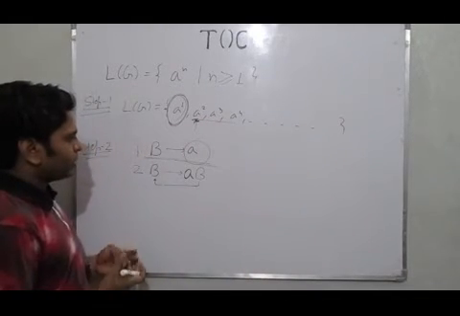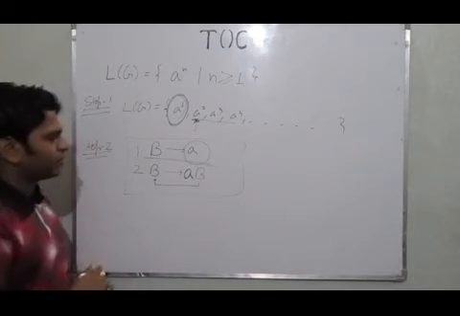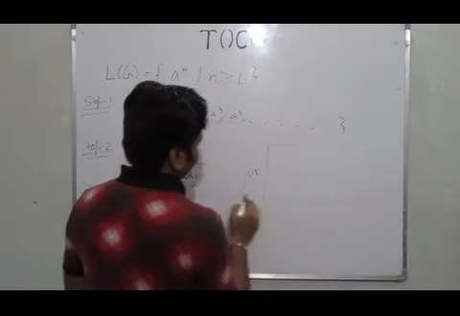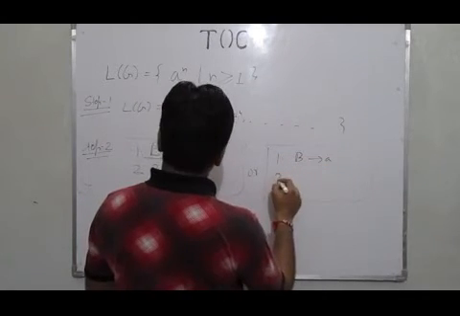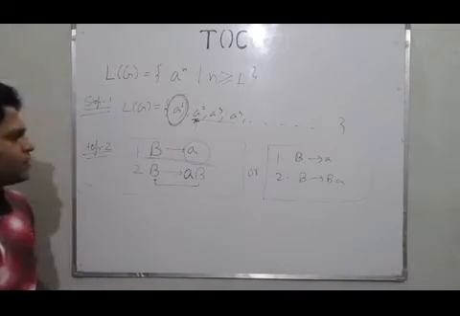It is a very easy way. So we have obtained the required grammar. I can also write it as B tends to a, then B tends to Ba. Very easy.